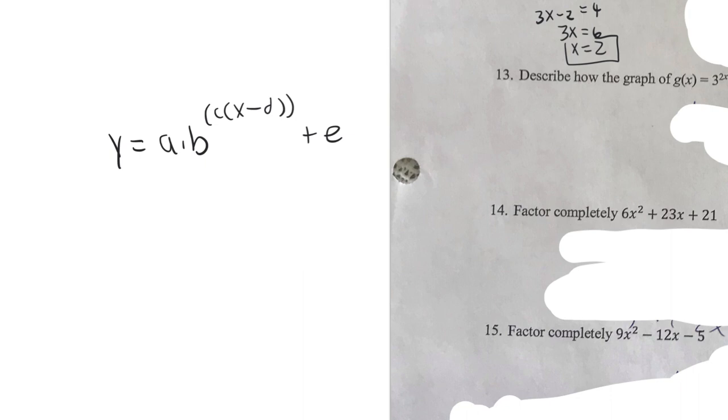So if you have an exponential function, the a represents a vertical stretch or compression. The b is just the base. The c represents a horizontal stretch or compression.